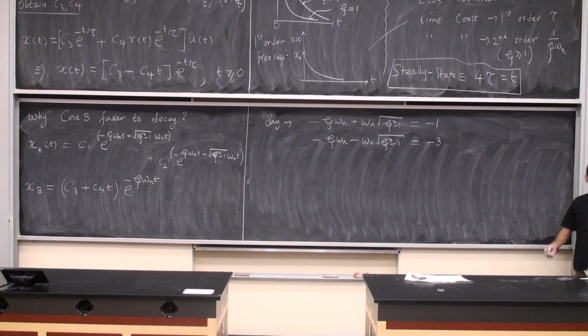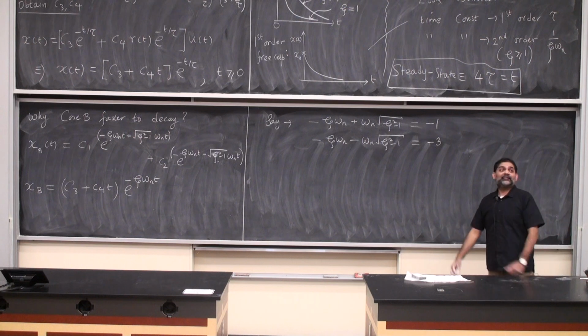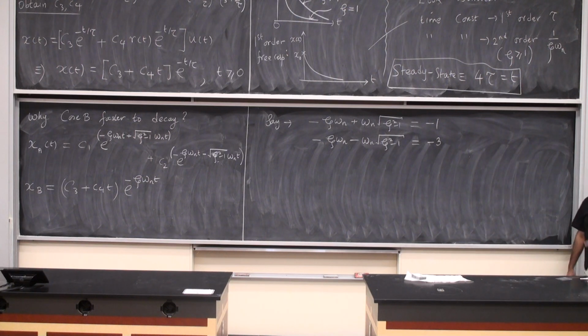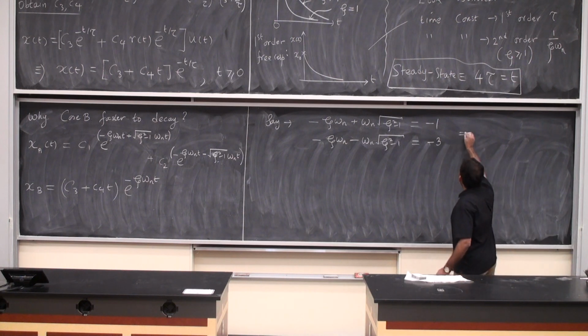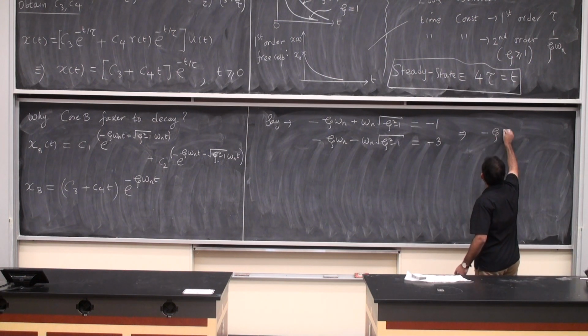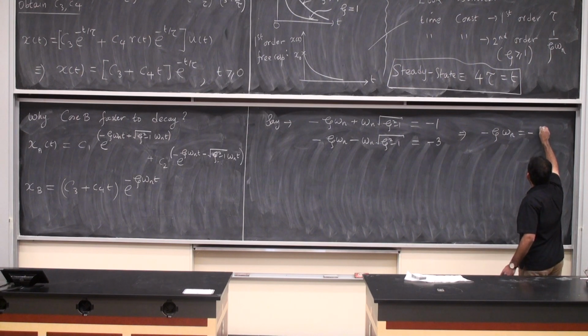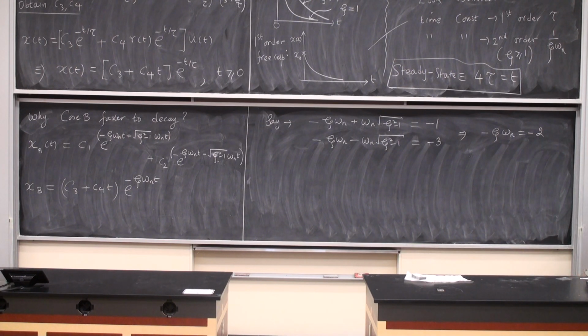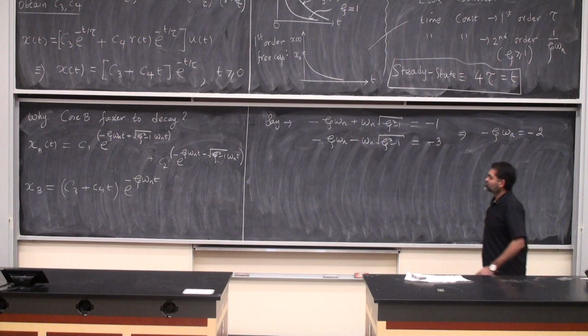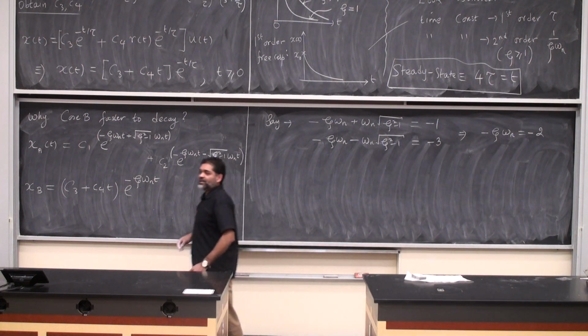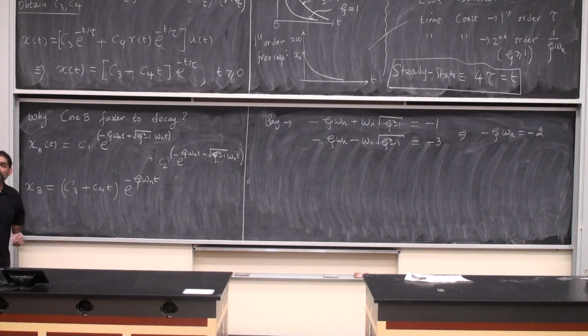This is obviously going to be a more negative number, right? Because I'm subtracting two things, but in reality adding two negative numbers. Okay? If I add the two, the first and the second, I get minus theta omega n is equal to minus 2. Does this make sense to everybody? I'm just adding and subtracting stuff. Nothing fancy going on.